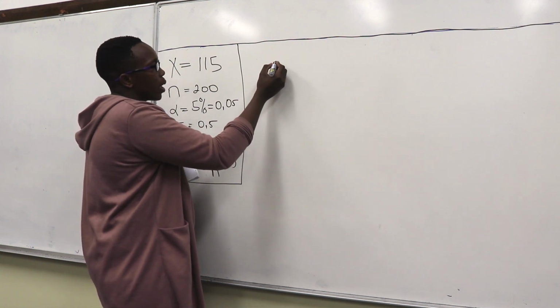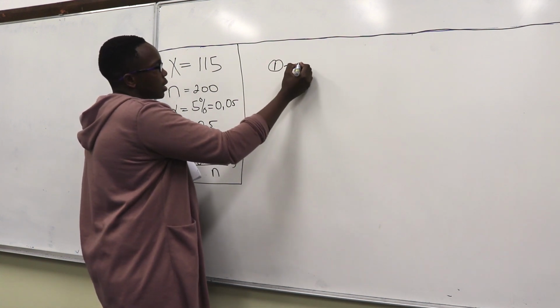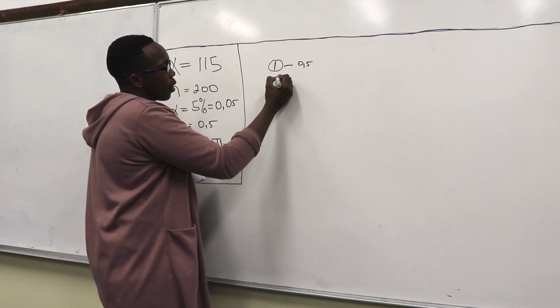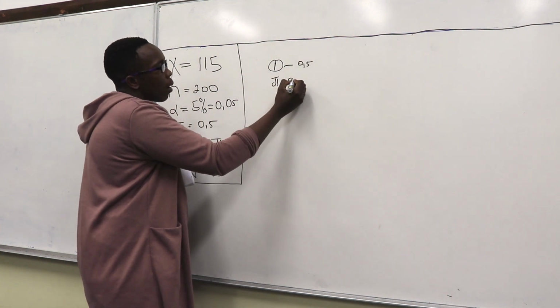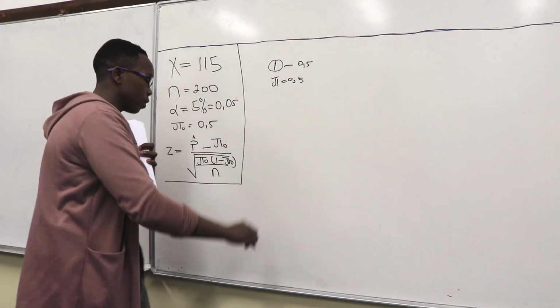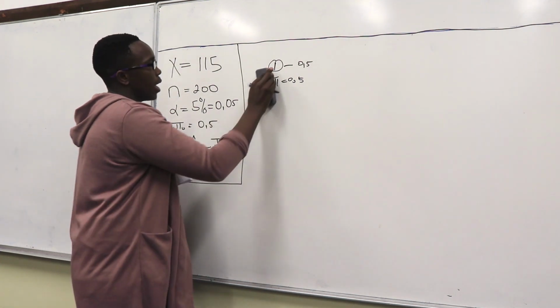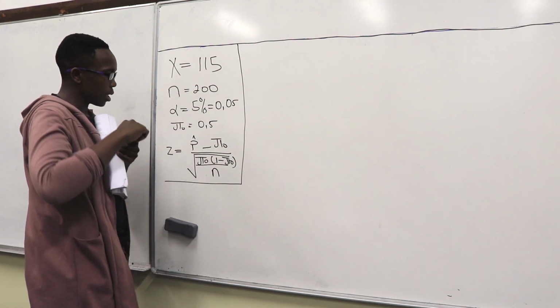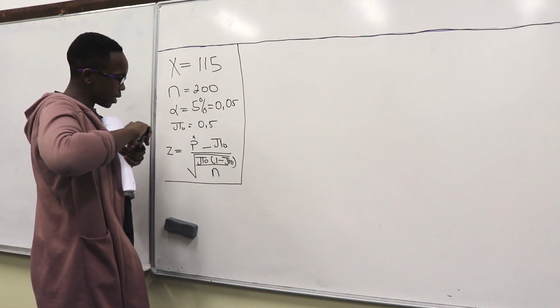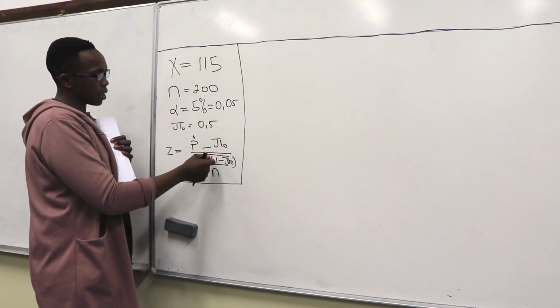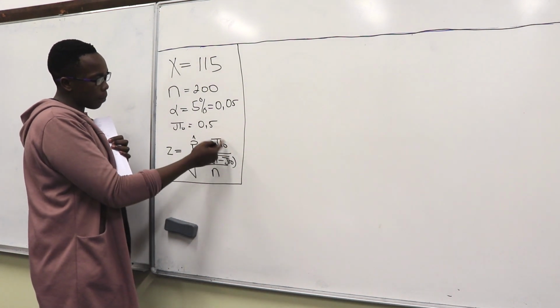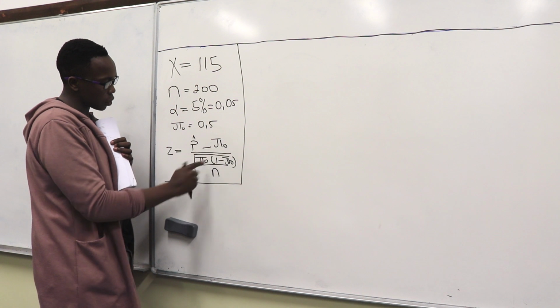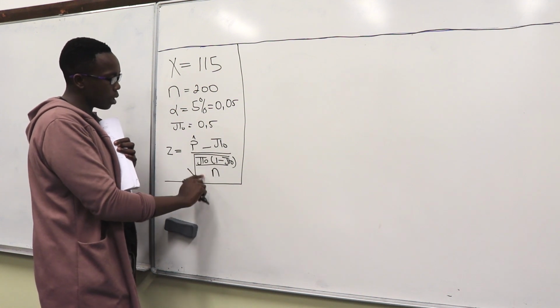When we want the half of 1, it's 0.5. Then 0.5 will become our pi. Since we're dealing with a proportion, we'll use this formula: Z is equal to p hat minus pi naught, over the square root of pi naught times 1 minus pi naught, over n.